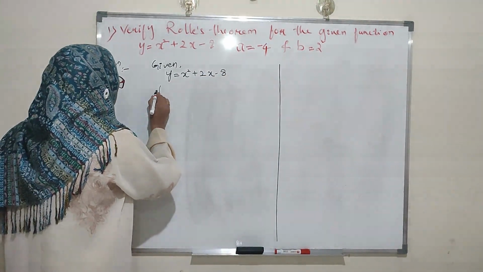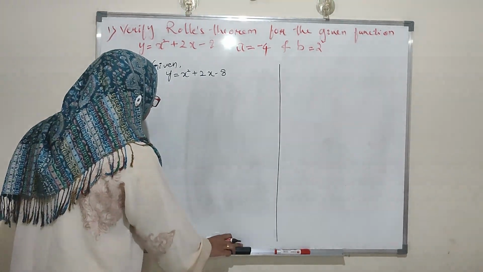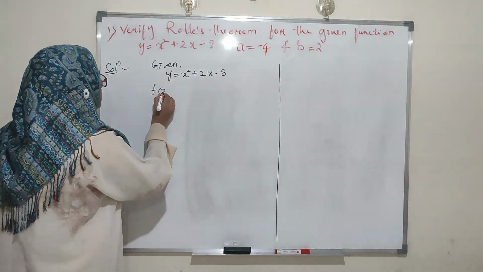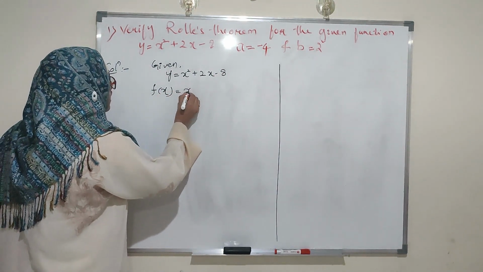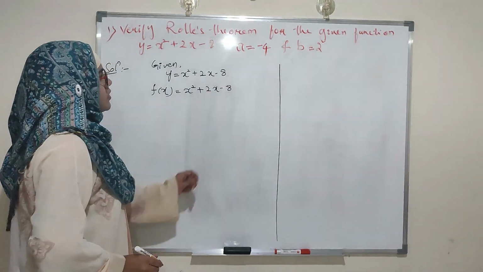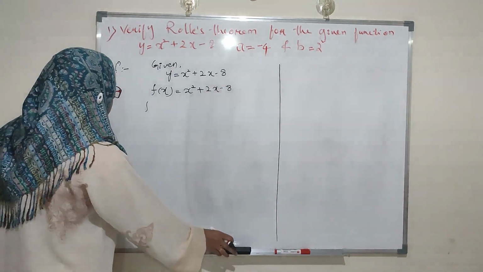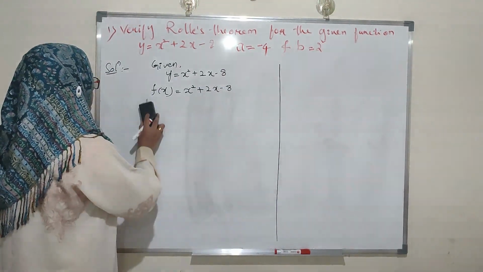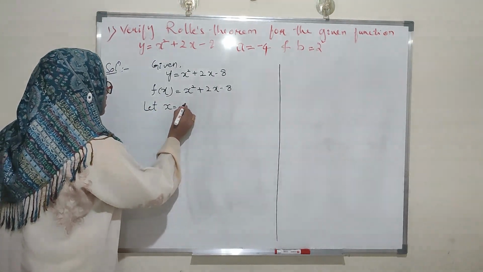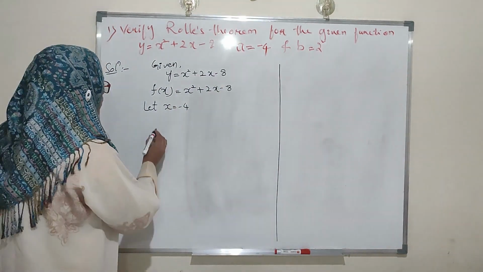We can take y as f of x. f of x is equal to x square plus 2x minus 8. So a is minus 4. Let x equal to minus 4, because the a value given to you is minus 4.